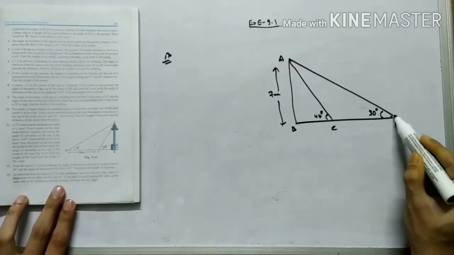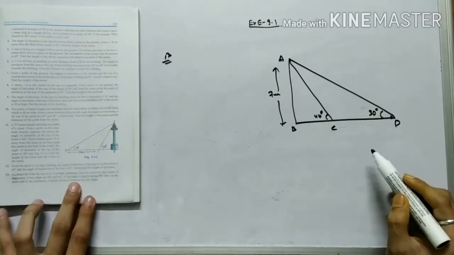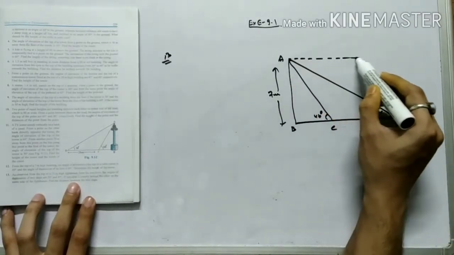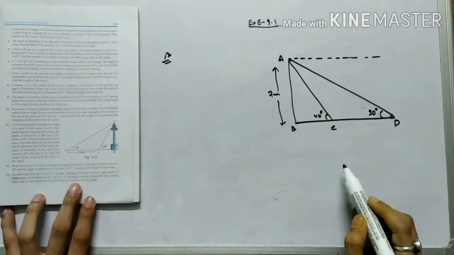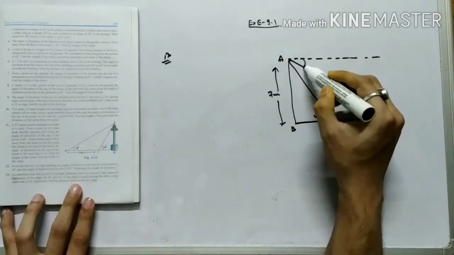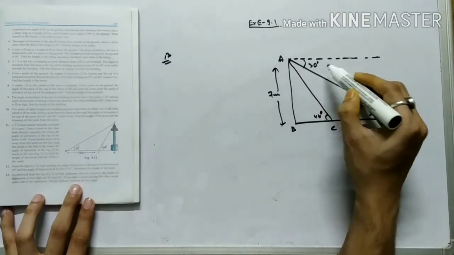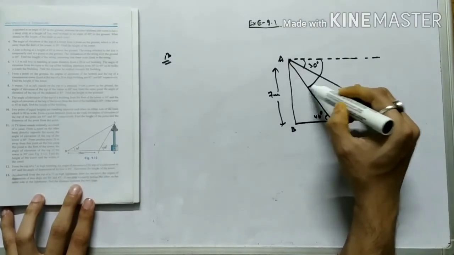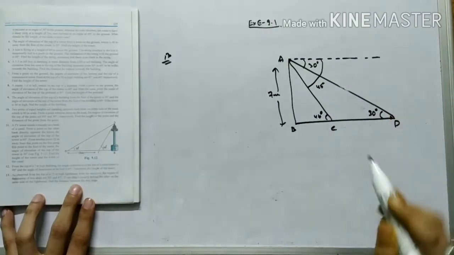Okay, CD. So this is your normal, this is your angle of depression. This is 30 degree, and this whole angle will be 45 degree.